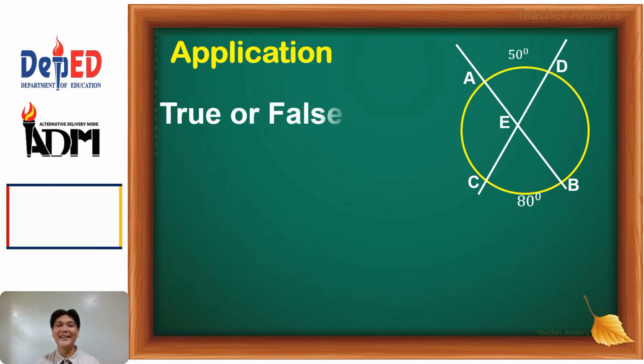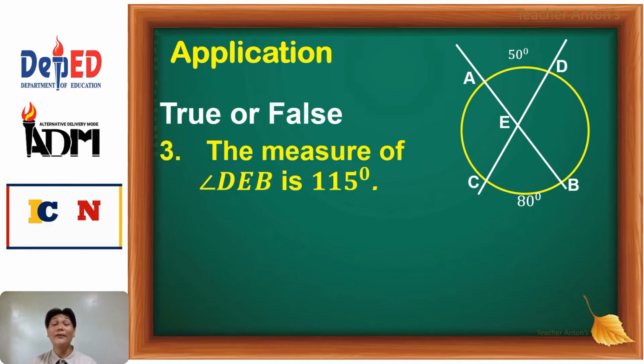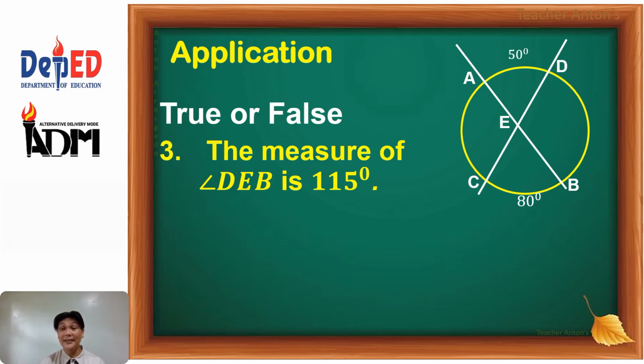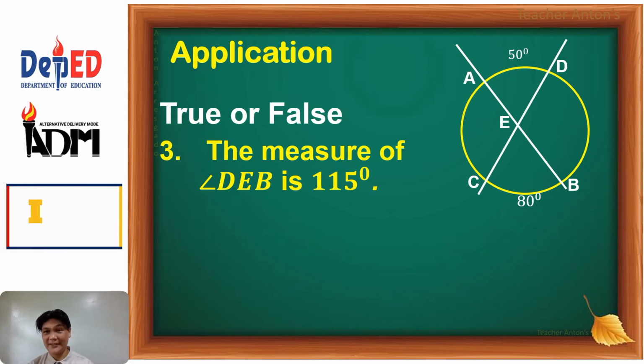Statement number 3. The measure of angle DEB is 115 degrees. By using a new figure there, we have secants that intersect in the interior of the circle. So given, we have arc AD 50 degrees and arc CB 80 degrees.